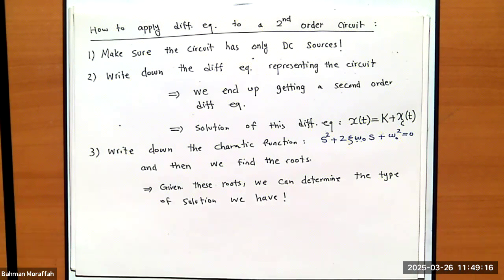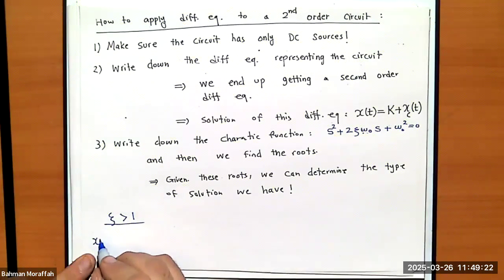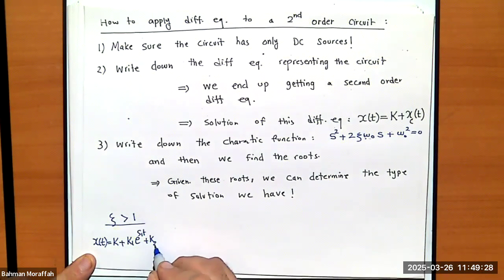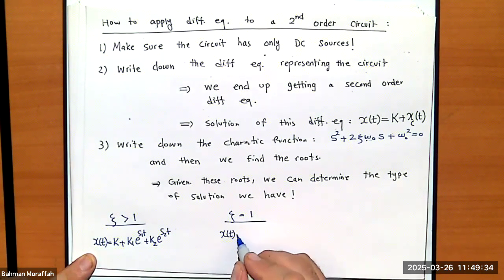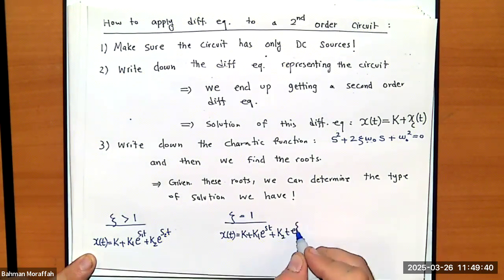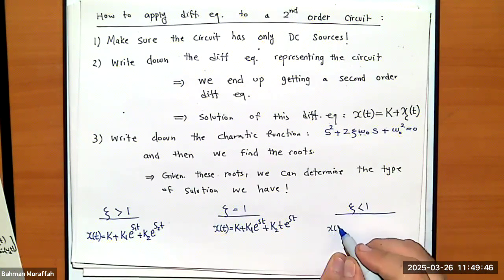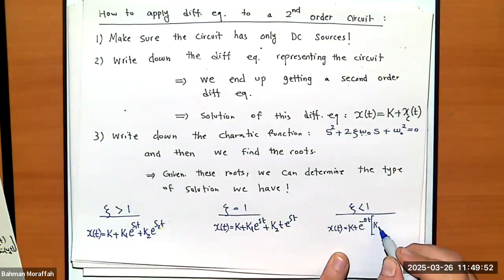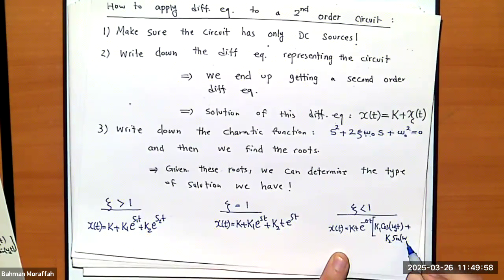right? Basically, if zeta is greater than 1, my solution x of t would be k plus k1 e to the s1 t plus k2 e to the s2 t. If zeta is 1, my solution is k plus k1 e to the st plus k2 t e to the st. And if zeta is less than 1, I know x of t is k plus e to the power of minus sigma t, k1 cosine omega d t plus k2 sine omega d t.